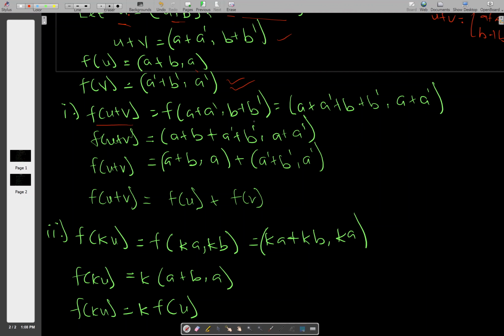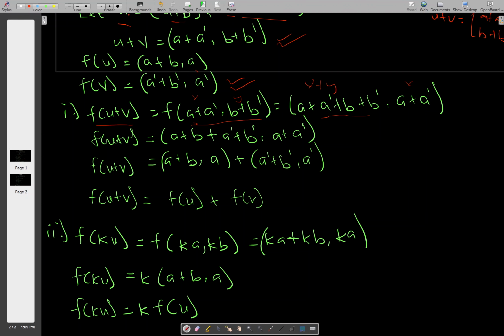And we know that u plus v is (a plus a', b plus b'), so we can replace u plus v by this. From the definition, a plus a' is just like x, and b plus b' is just like y. So we find the sum of x and y, that's a plus a' plus b plus b', then x. So this is more like (x plus y, x).